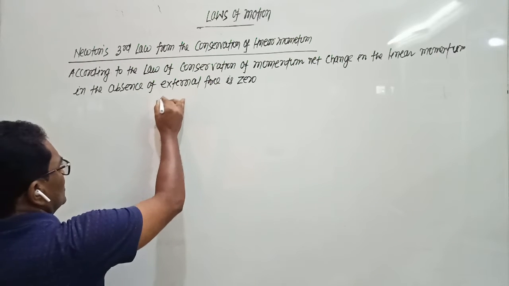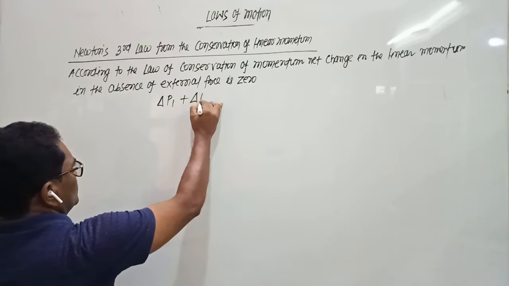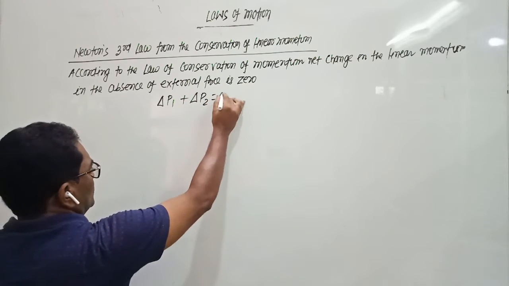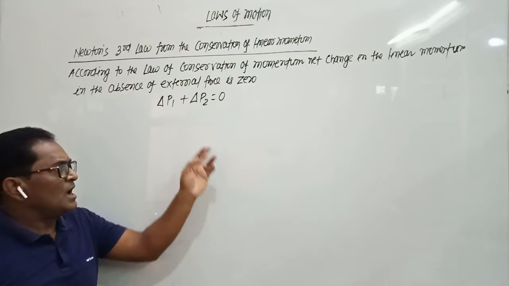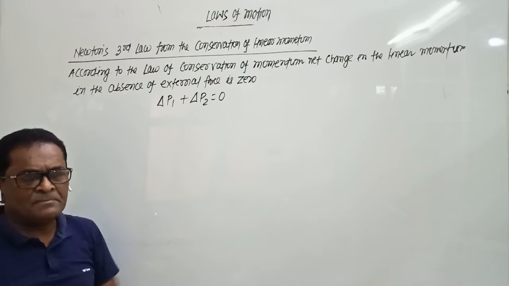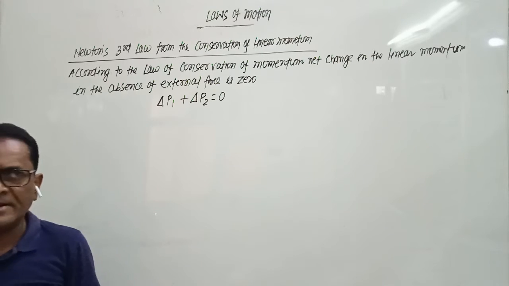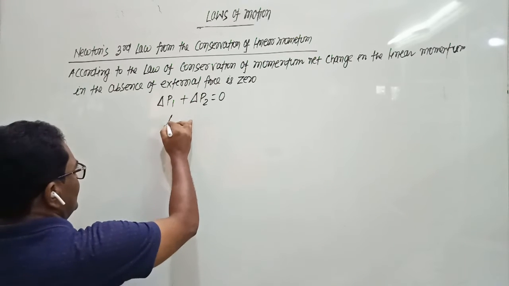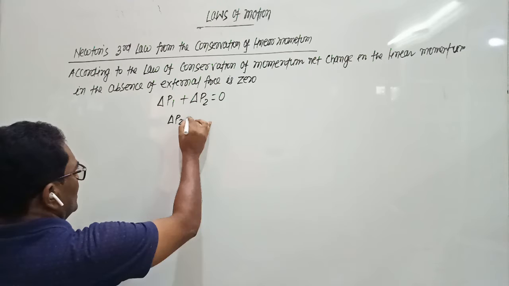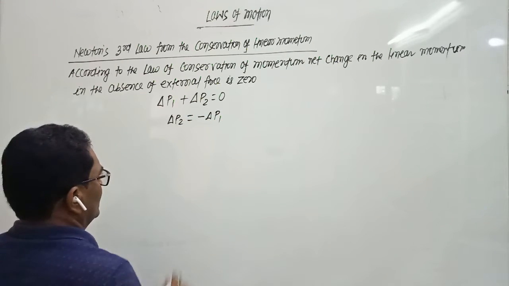It means delta P1 plus delta P2 equals zero. The bodies have momentum P1 and P2, and delta P1 and delta P2 are the changes in momentum. So from here we get delta P2 equals minus delta P1.